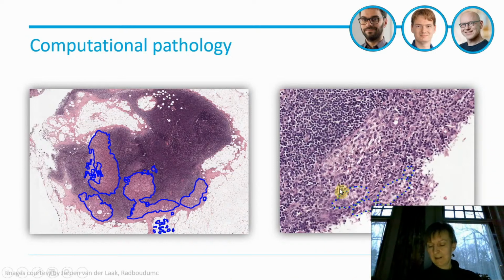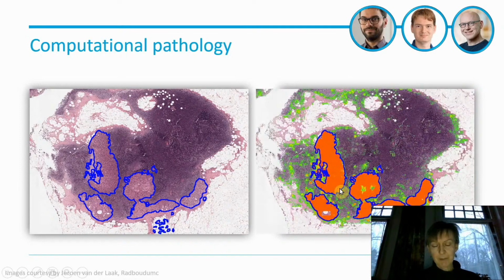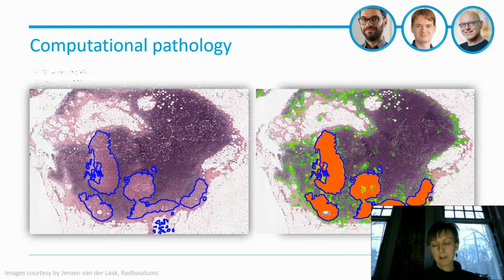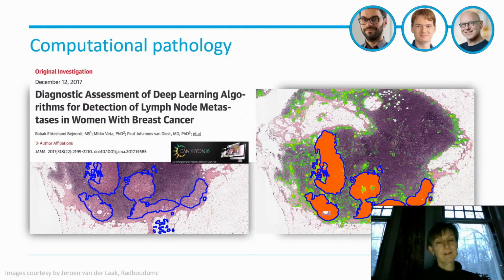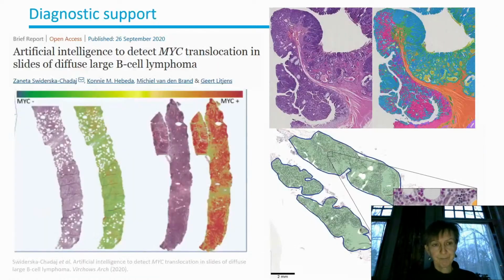And then they trained the algorithm to detect these automatically. So the red areas were considered a potential metastasis by the algorithm, and this gave really very nice results. So probably this is one of the first algorithms that we hope that we will have in our clinical practice, hopefully during this year now.